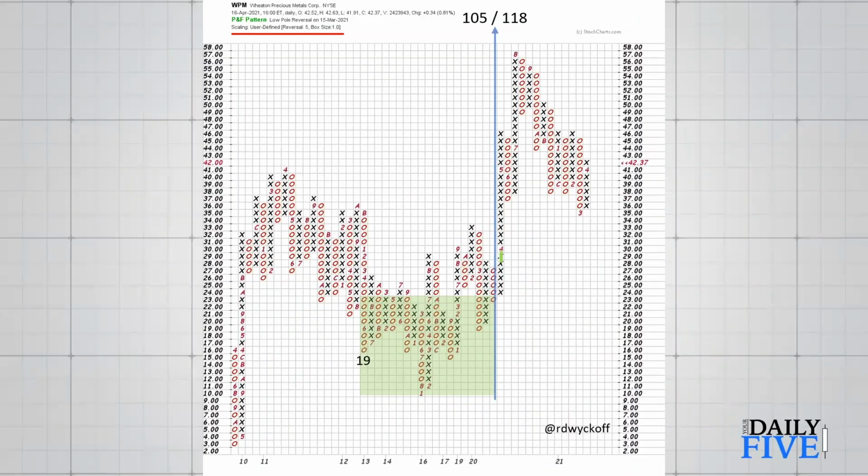So here is, again, modified structure, 5-box method, 1-point scaling. So all this down here is all 1-point scaling. You can see here this count, 19 columns times 5 counts up 105 to 118, currently at 42.